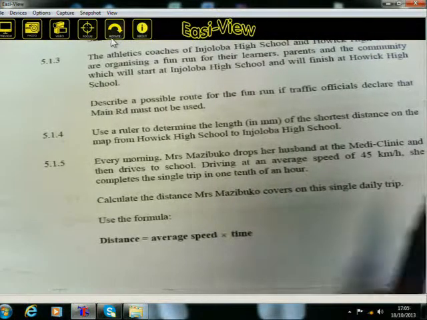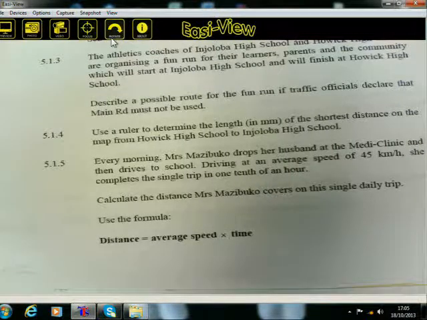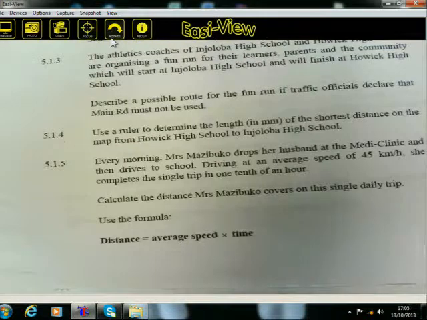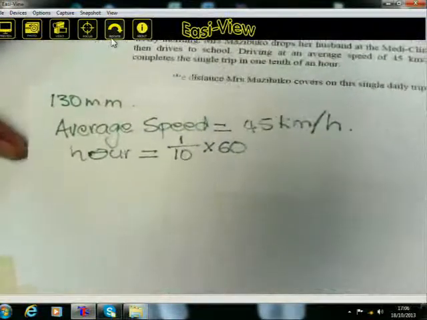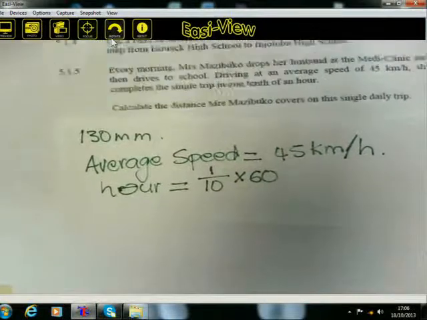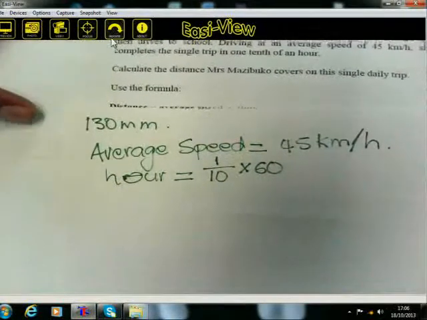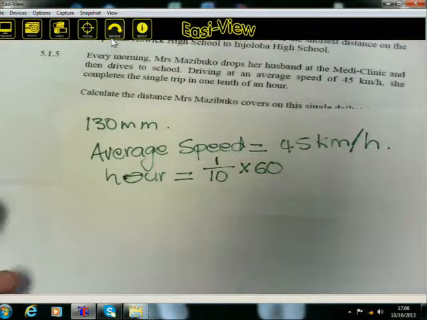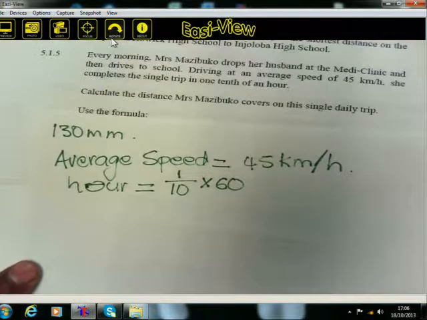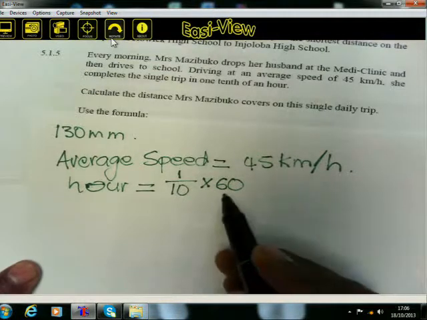What is 1/10? 1/10 of an hour is 1/10 times 60.